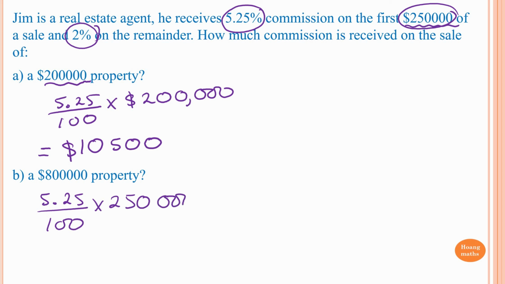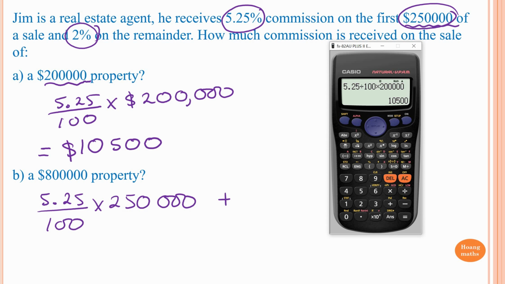And then we add what's left, so we can just subtract it from 800,000. 800,000 minus 250,000 gives 550,000, so 800,000 is equal to 550,000 plus 250,000.